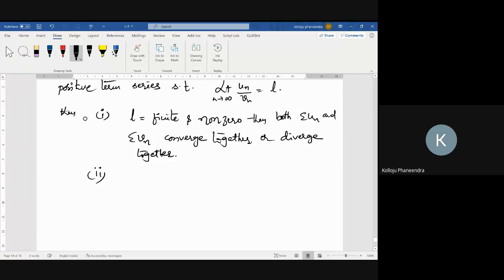And the second point, if L equal to 0, and another condition is sigma vn is convergent, then sigma un also convergent.